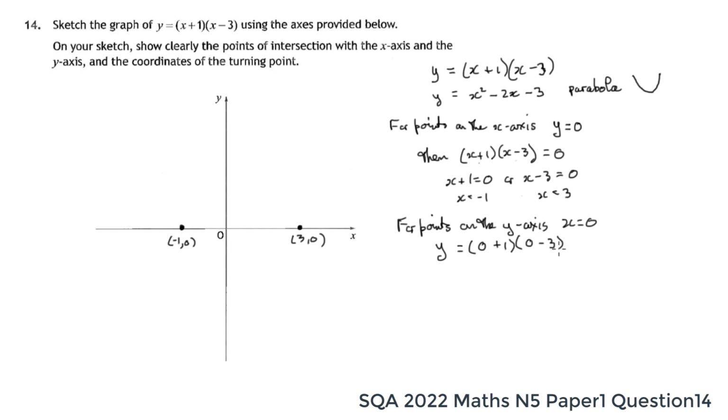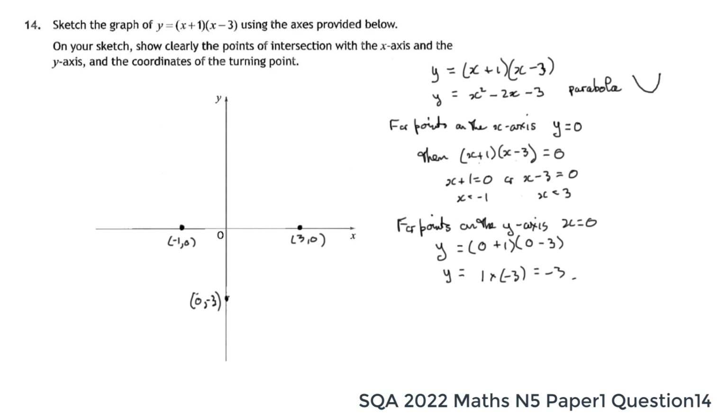That's just replacing x by 0 wherever it occurs. Then we've got y equals 1 times negative 3, so y equals -3. So we now know that the graph must cross at 0, -3. So that's the y-intercept, if you like.